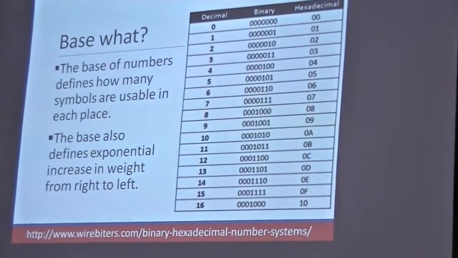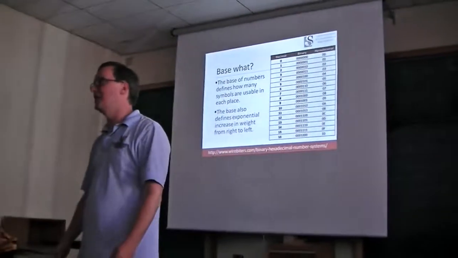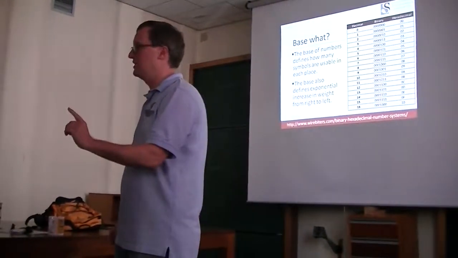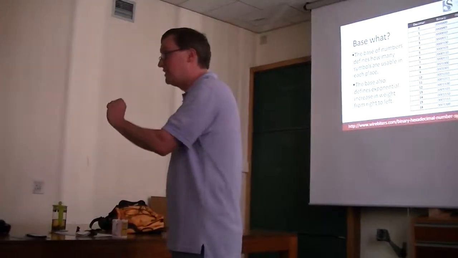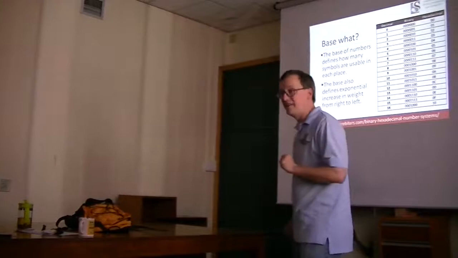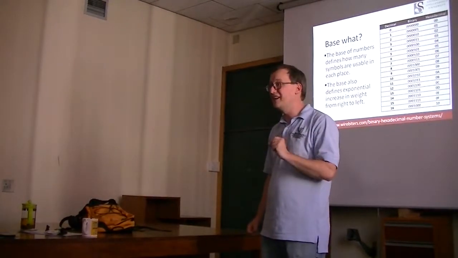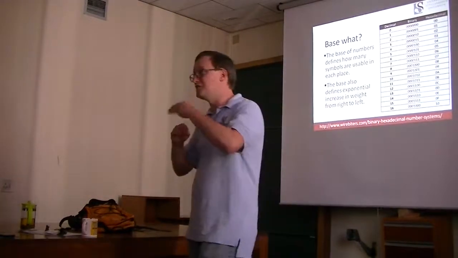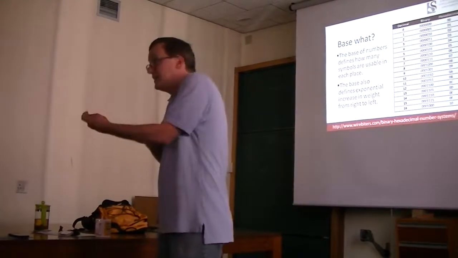So you don't think about that. You just say, well, of course 10 follows 9. But 10 only follows 9 in a decimal base 10 number system. 10 follows 0, 1 in binary because there are no numerals after 1 in the binary system.